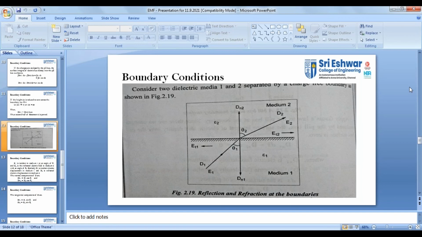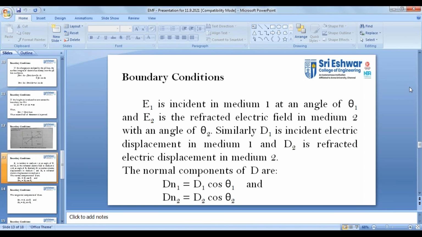Then I take the third one, the refraction arrangement, which we have seen recently. Here E1 is incident in medium 1 at an angle theta 1, so theta 1 is the incident angle. E2 is the refracted electric field in medium 2 with angle theta 2, so theta 2 is the refracted angle. Similarly, D1 is the incident electric displacement in medium 1 and D2 is refracted in medium 2.